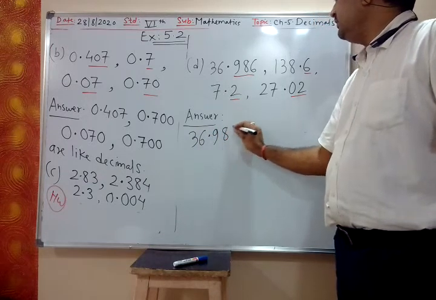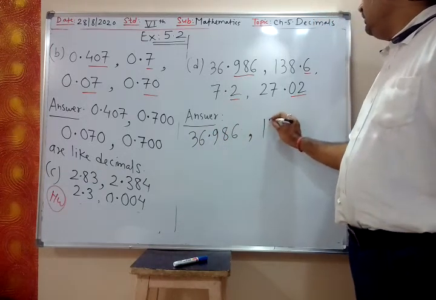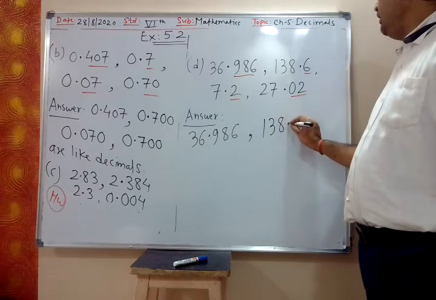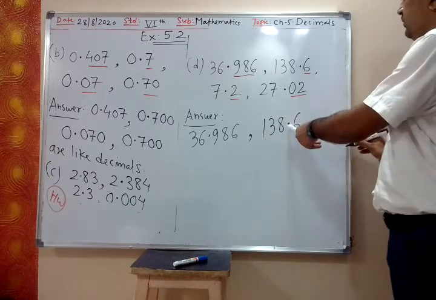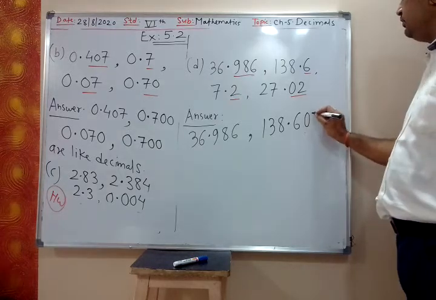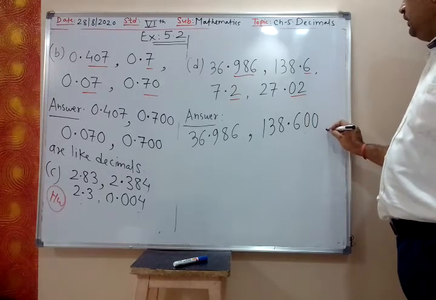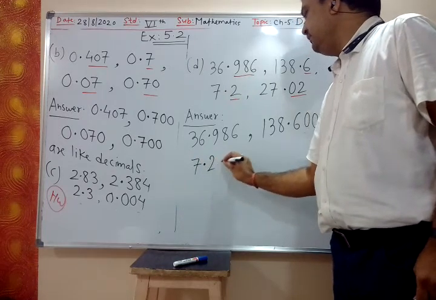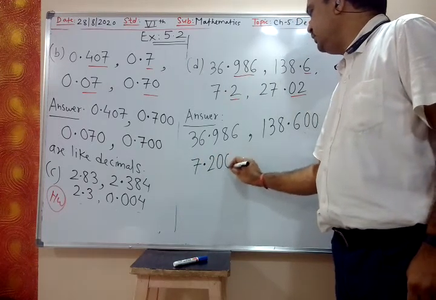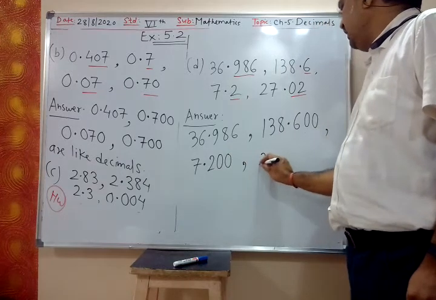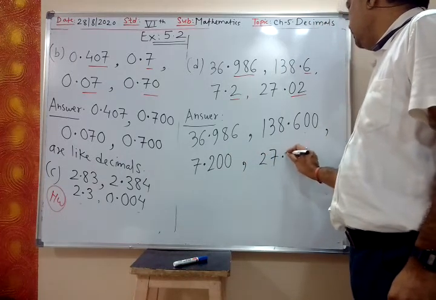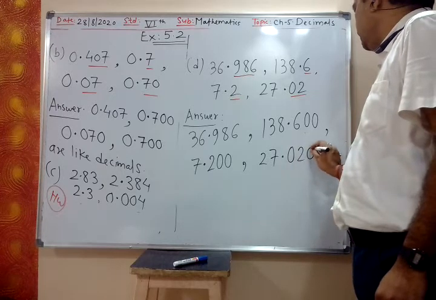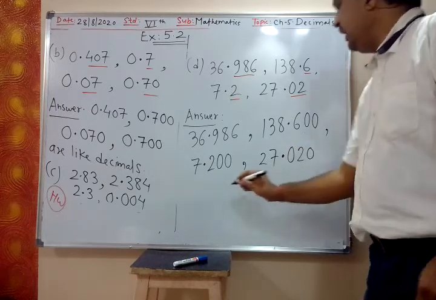36.986 we write as it is. Then 138.6, after the point there is 1 digit. We want 3, so I will add 2 zeros. Then 7.2, we want 3 digits after the point, so 2 0 0. 27.02, we add 1 zero. Yes, these are like decimals.